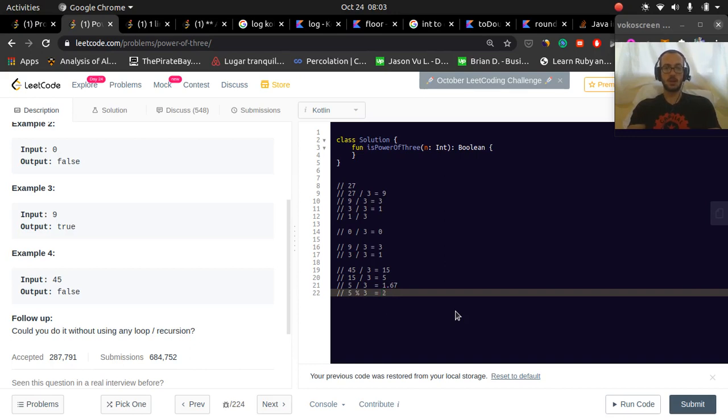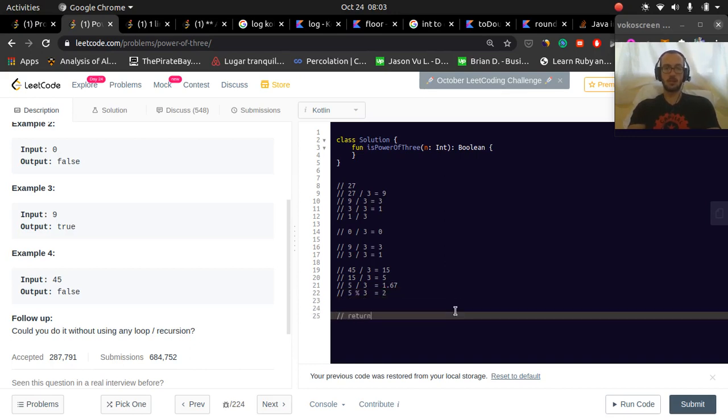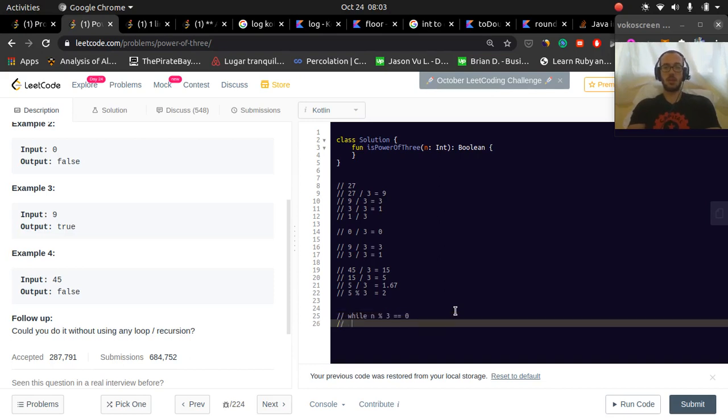Okay, so here's the pseudocode. While n is greater than 1, while the remainder of n divided by 3 is 0, we're going to divide n by 3.